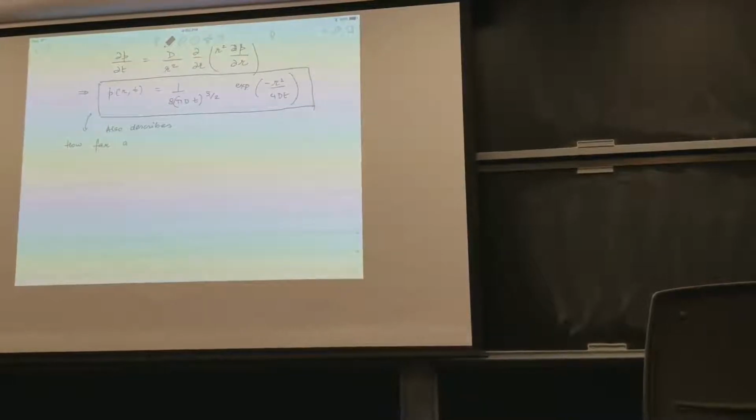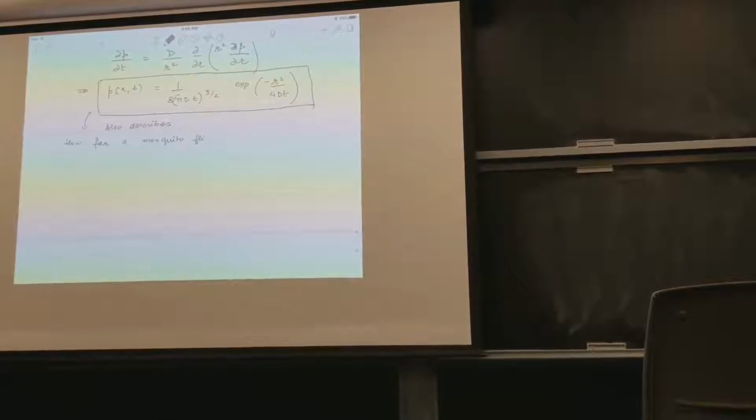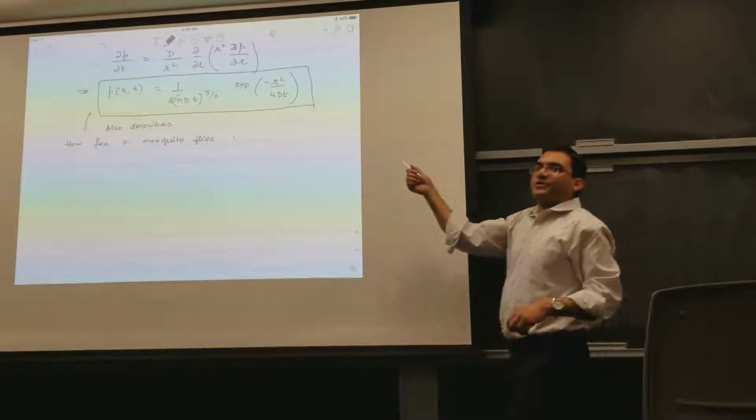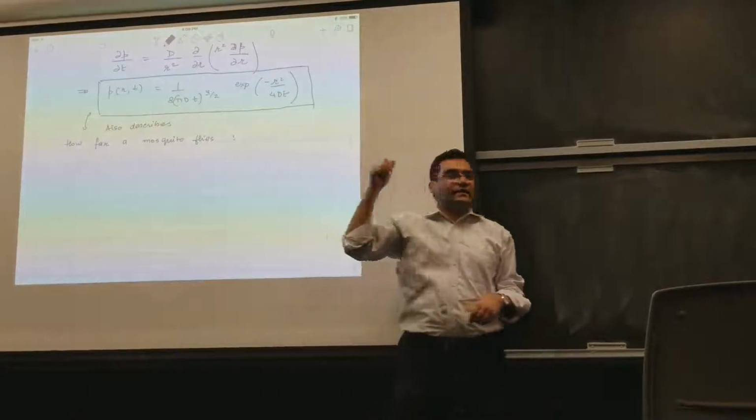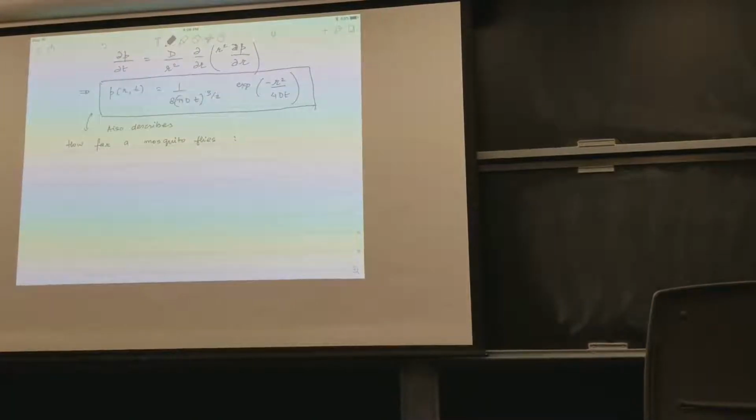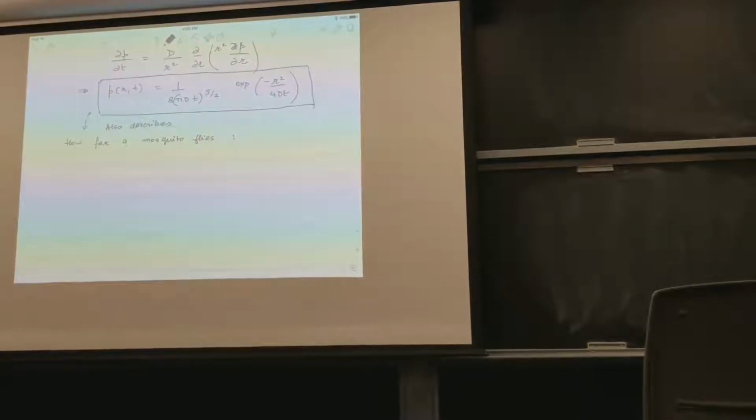How far does a mosquito fly? Now the reason why I keep repeating mosquito flies is not because I'm from India, but because in 1905 somebody posed this question in Nature, and Lord Rayleigh responded by saying, I calculated that a while ago. It's this distribution. So that's the answer.